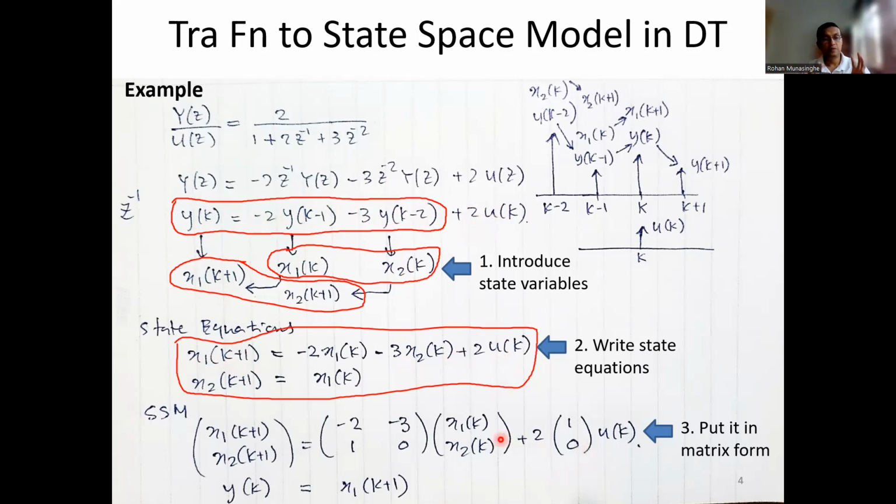Now see this nice pattern over here. On the left hand side, you have the 2 state variables x1 and x2 at time k plus 1. Let's call it next moment, next step. And on the right hand side, you have these 2 expressions that you can rearrange into a matrix representation like this: minus 2, minus 3, 1, 0 as a matrix.